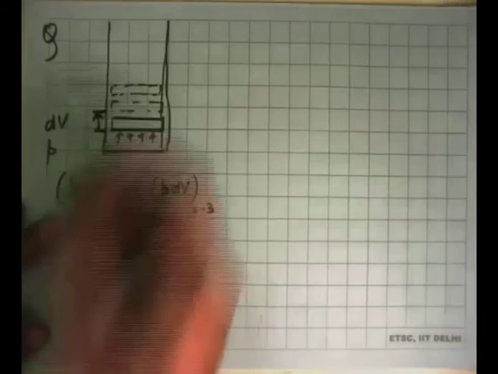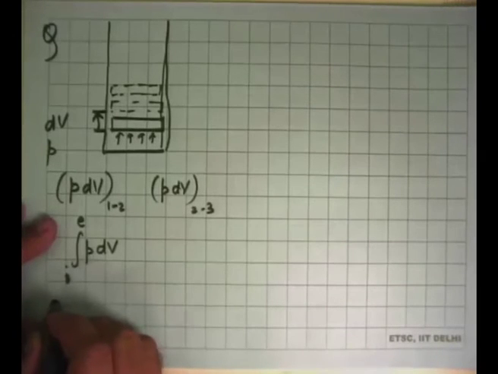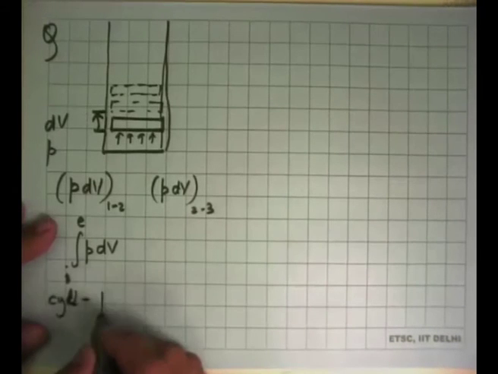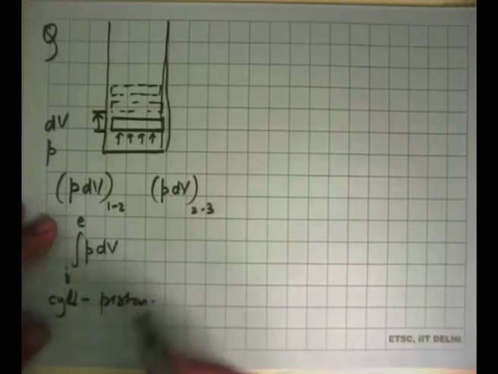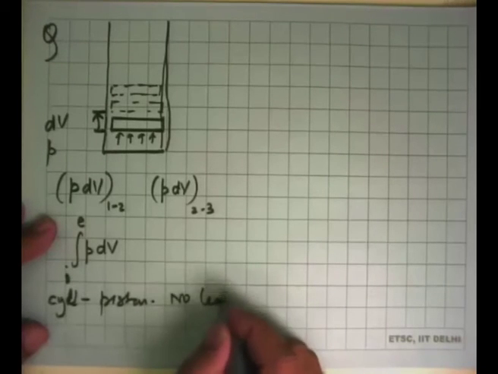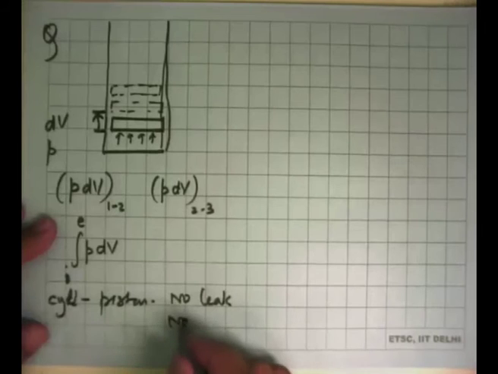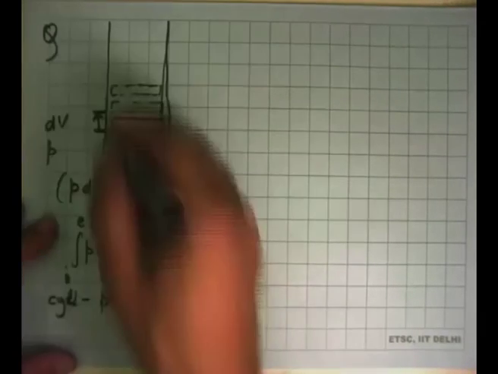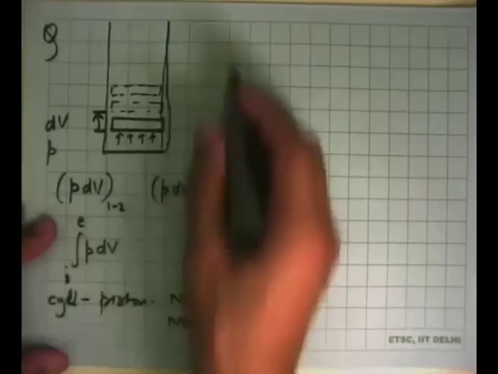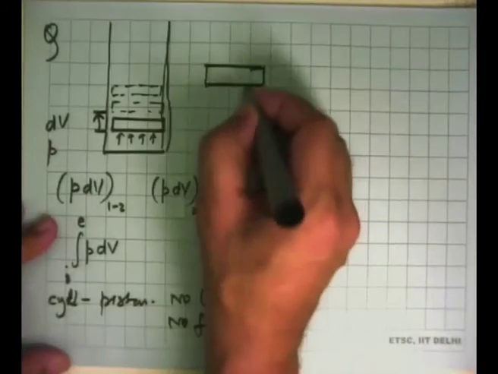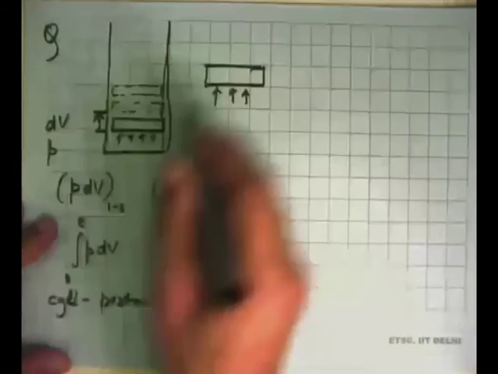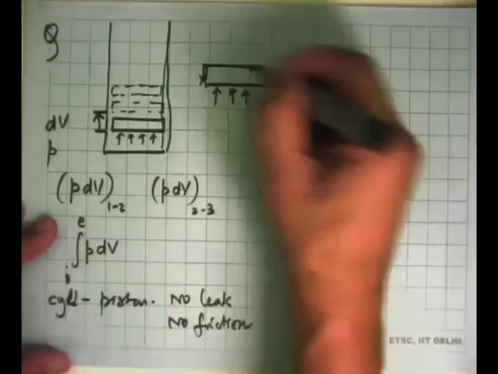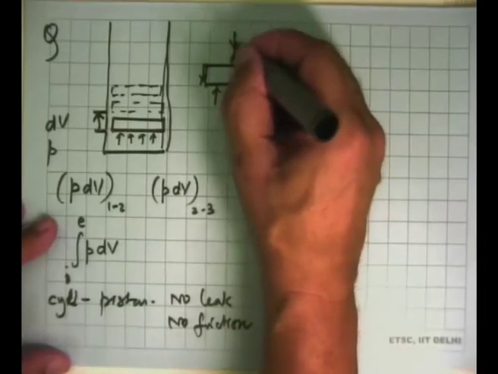In all the analysis that we have been doing, we have been saying to assume that there is no friction between the cylinder and the piston. No leakage. In reality, some will be there. So if you look at the piston and see what happens to that force, if there is friction, this is where it got force coming from the substance, the friction acting in this direction, and the connecting rod or whatever was there acting there.